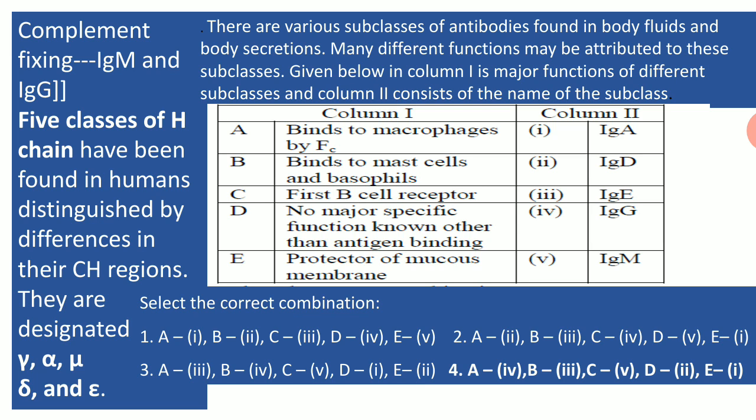So this is the question of December 15. There are two columns, first and second, and we have to match the immunoglobulin with their respective properties. Binds to macrophages by the Fc, so macrophage binding is most probably immunoglobulin M. Binds to mast cells and basophils is immunoglobulin E, that should be the third one.